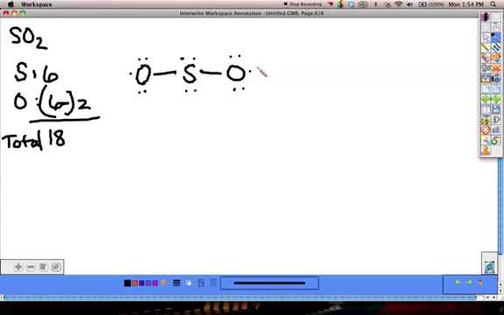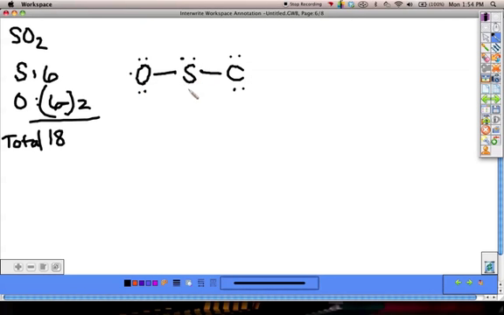So something's going to have to change here. This is one of those where the electrons can move a little bit more than we're used to. We're going to see that we're going to have one double bond. So what will happen, we can erase those 2 there, erase that.